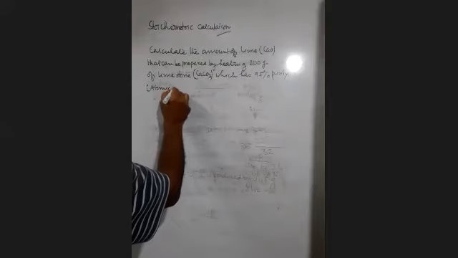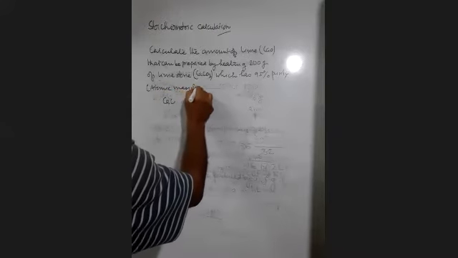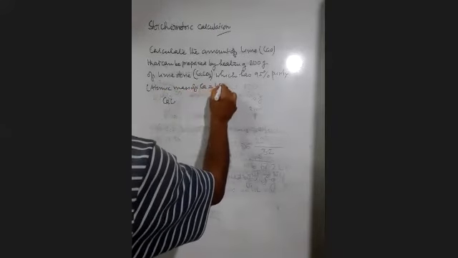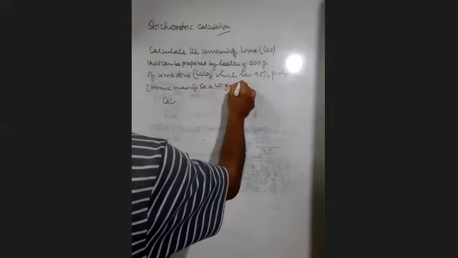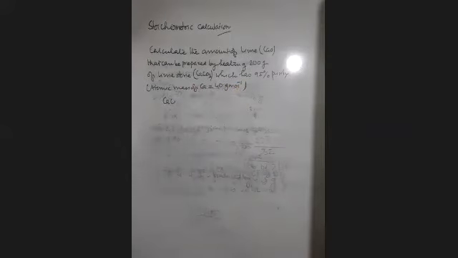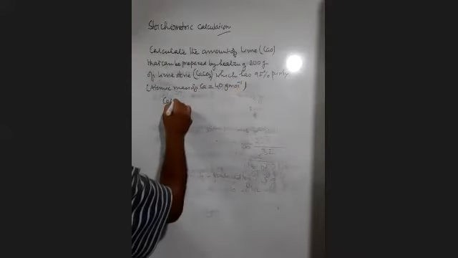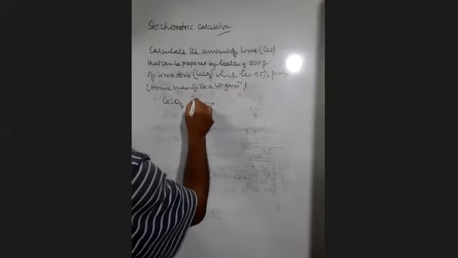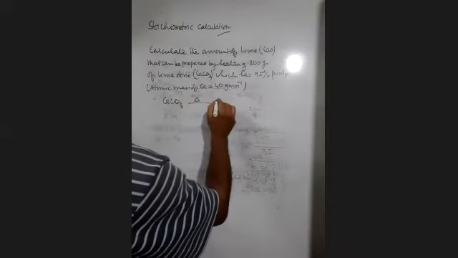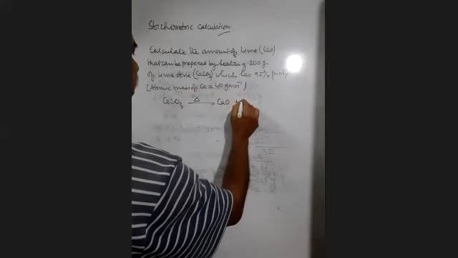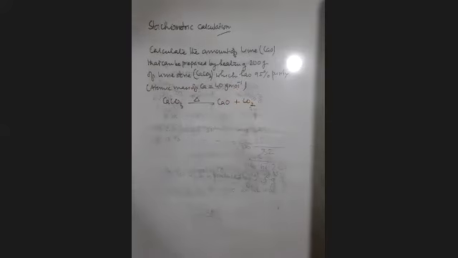Atomic mass of calcium is 40 gram per mole. See here, calcium carbonate, if you heat it, you get calcium oxide and carbon dioxide. So this is your homework. So you do it. Next Tuesday you tell me.